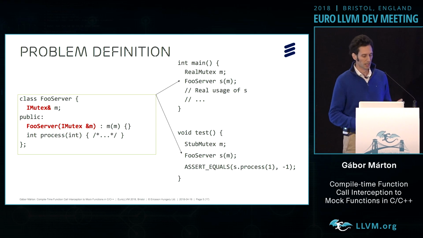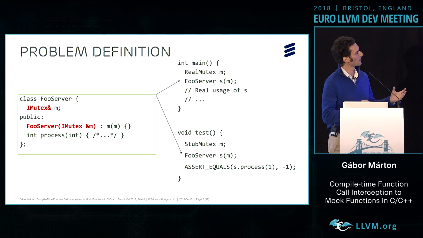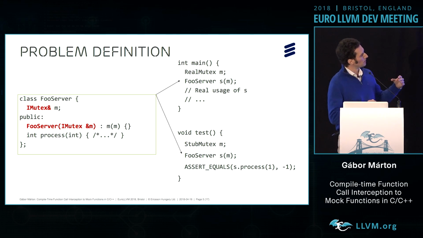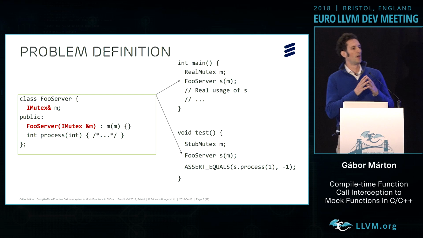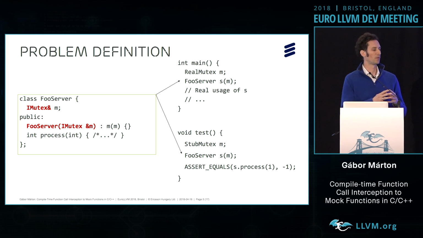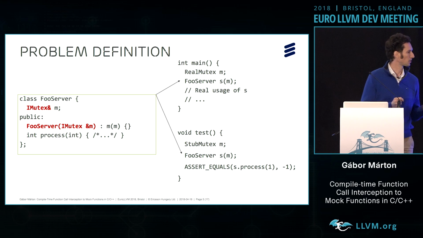So in detail, we would use the different implementations in this way. I'd like to draw your attention to the fact that the ownership of the mutex in the original server class has changed. The original server class is no longer the owner.